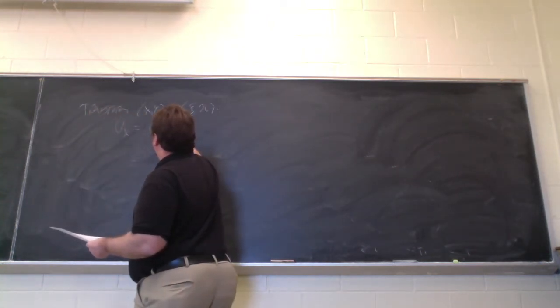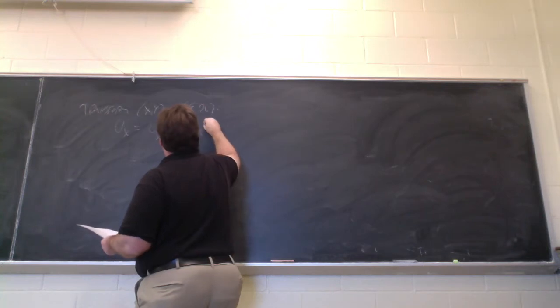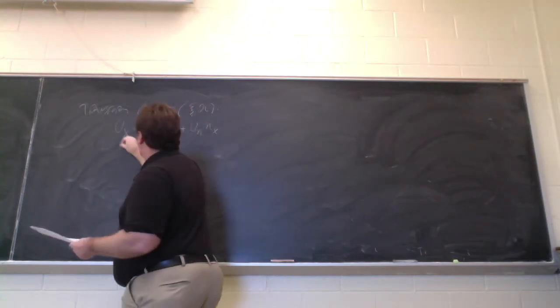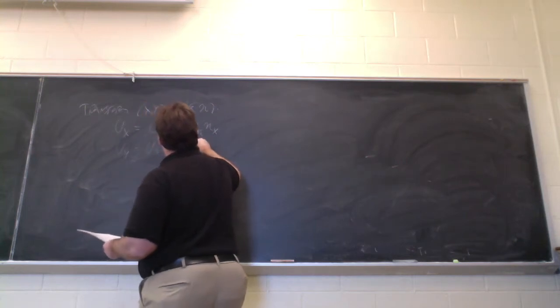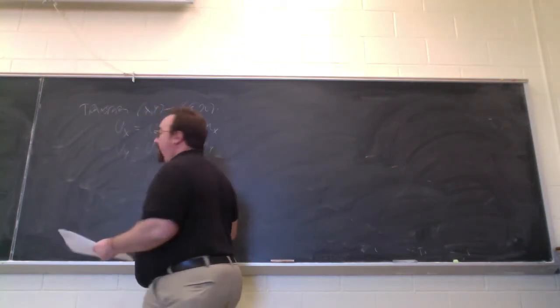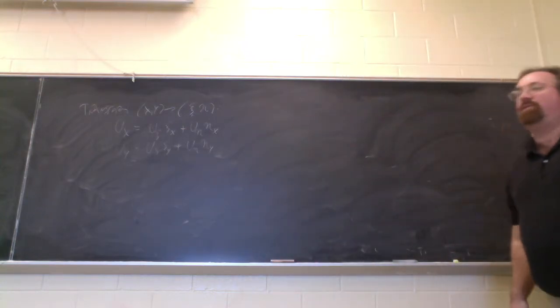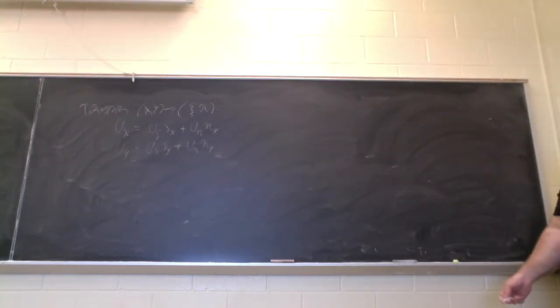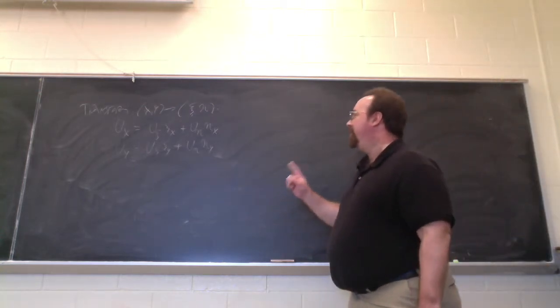So u_x is u_xi xi_x plus u_eta eta_x, and then similarly for u_y. Alright, so you can see without too much trouble, I hope, why that works. What you can replace your first derivatives with to get derivatives with respect to the new variables.